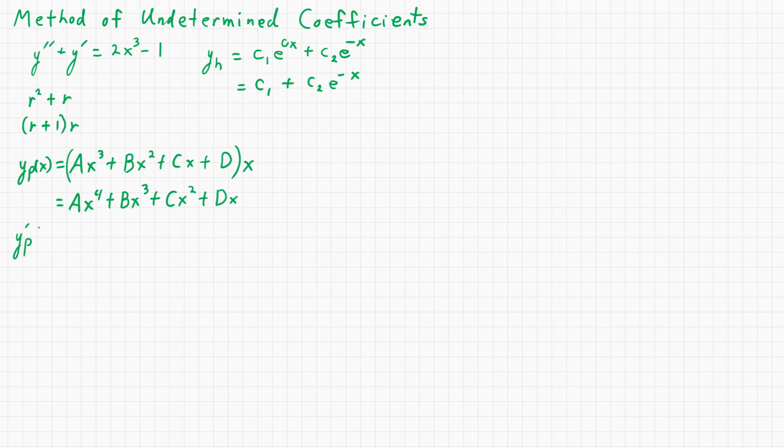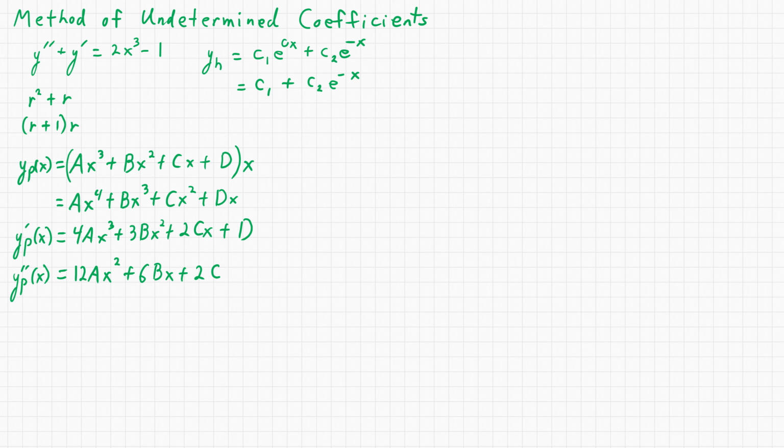So y particular prime of x is 4ax cubed plus 3bx squared plus 2cx plus d. Then I've got y particular double prime of x, well, that's going to be 12ax squared plus 6bx plus 2c.